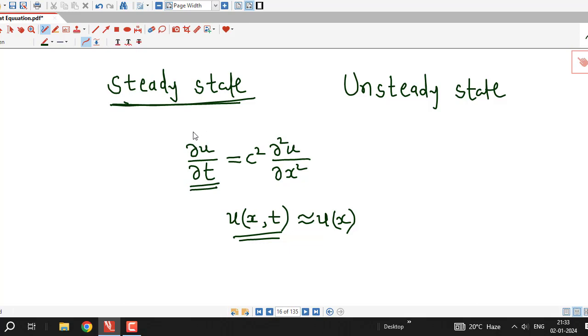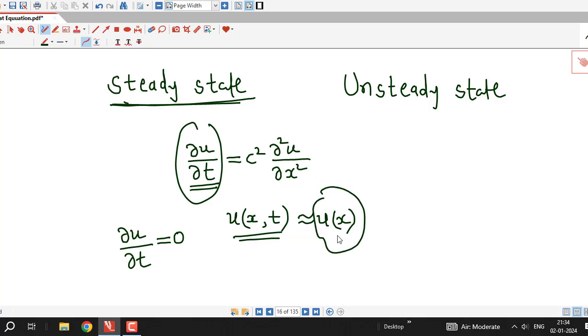So steady state situation means the temperature is independent of time T, and in that case the partial derivative of temperature with respect to time T is 0, and we always have U as a function of only one space variable X in one dimensional case.